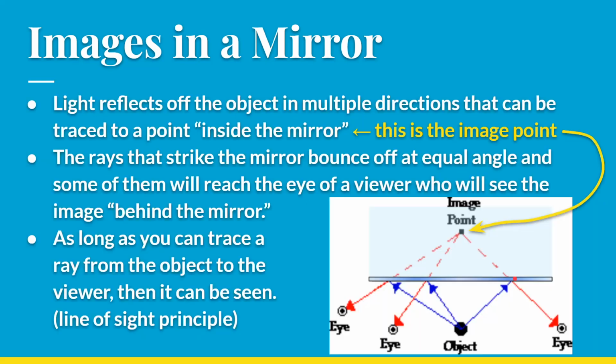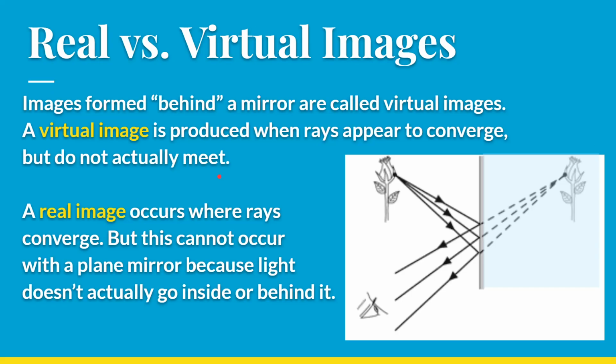As long as you can trace a ray from the object to the viewer, then it can be seen. As long as you can draw this bouncing off and hitting the mirror, then you can see the object in the mirror, and you would see the object back here at this image point. This is known as the line of sight principle, so you have to have a line of sight to it. Now, images formed behind a mirror are called virtual images.